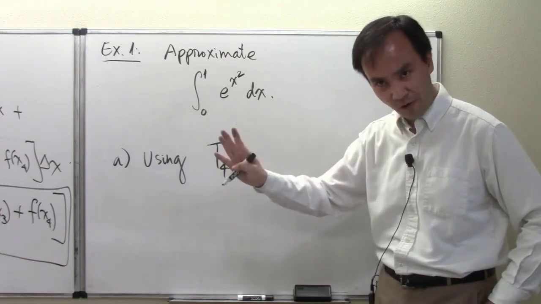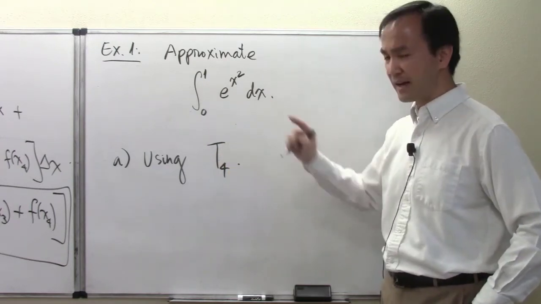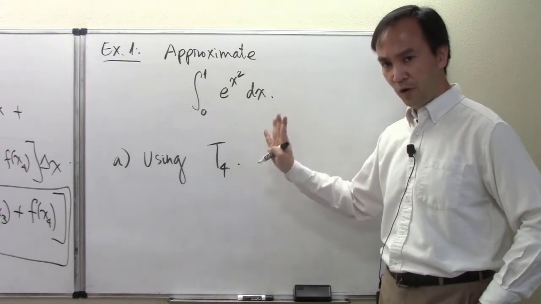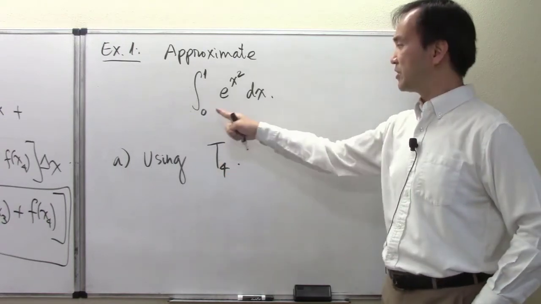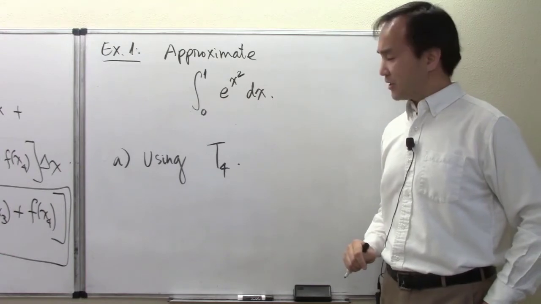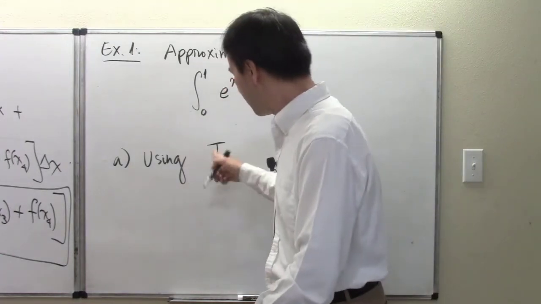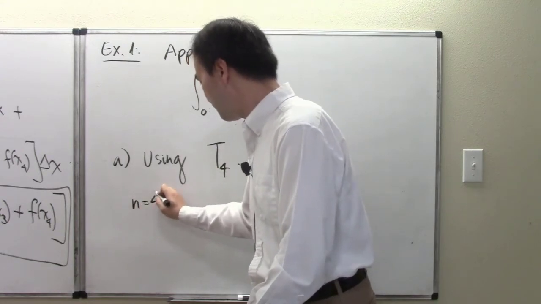We had that formula specifically designed and written down on the board earlier. And I want specifically 4 subintervals in between 0 and 1. So let's get the easy parts down first. T4 means n equals 4 subintervals.